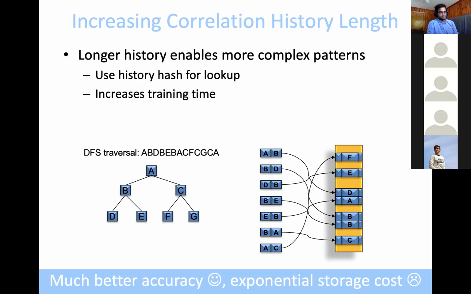So instead of just A, you've got A to B, or B to A, or A to C, C to A, etc. Right. So you've got more entries in the table. You've got exponential, 2 power whatever. If you have history of 2, it's 2 power something. If you have history of 3, it's 3 power something, and so on.